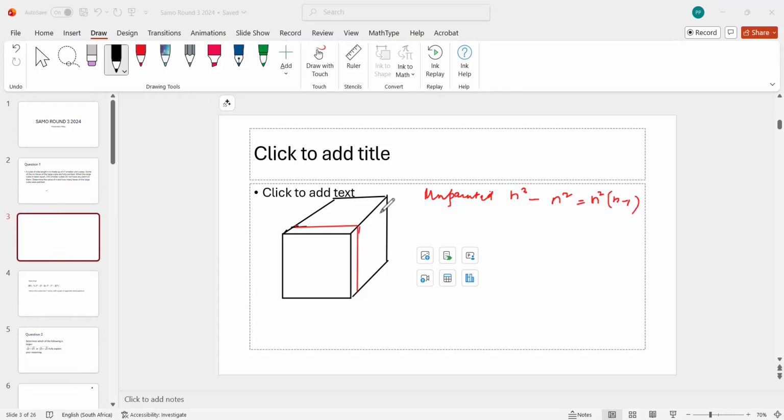And if you had 2 faces painted, for example, if you painted the front face and the back face, then you have n cubed minus n squared minus n squared.